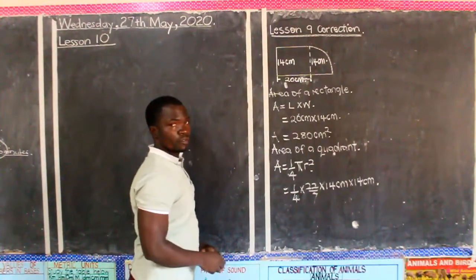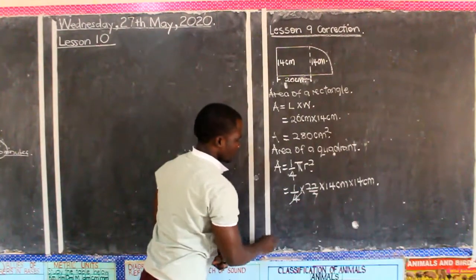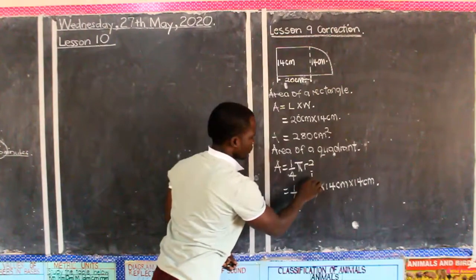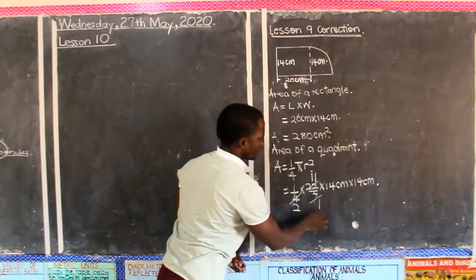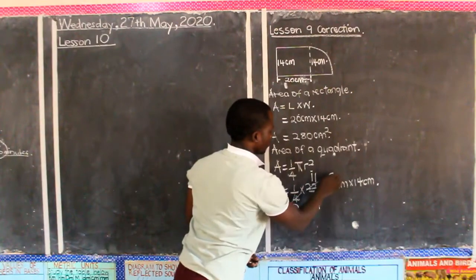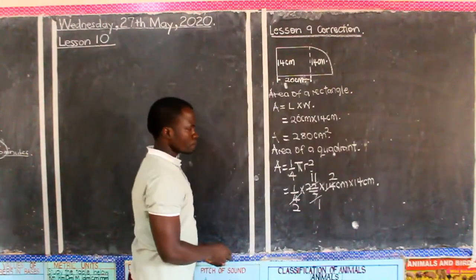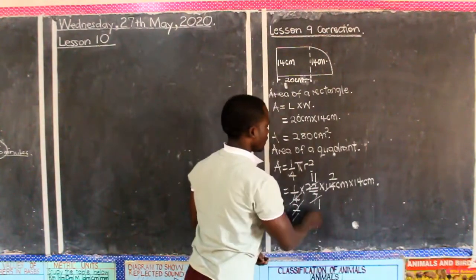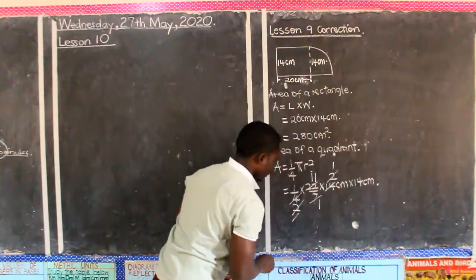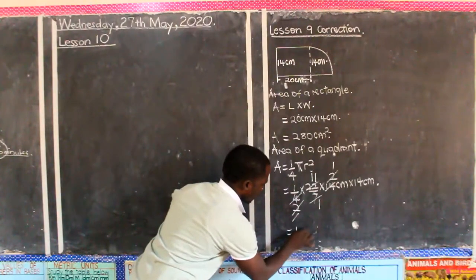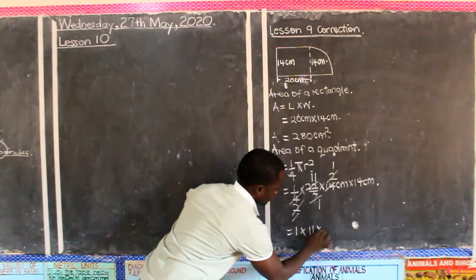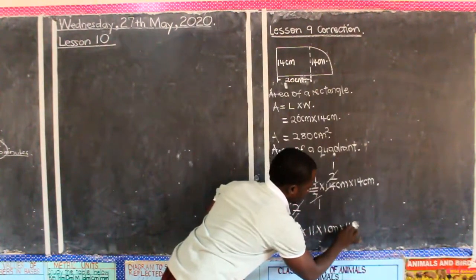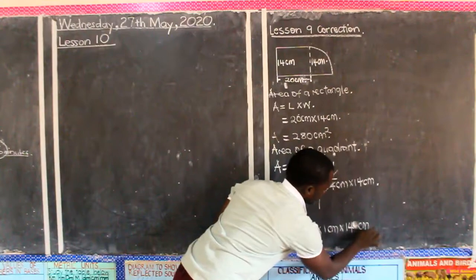So we shall come down and simplify. By 2 here, we shall have by 2, 2, by 2, 11, by 7, once, by 7, 2. Okay? By 2, once. By 2, 1. So we shall have down here 1 times 11 times 1 centimeter times 14 centimeters.